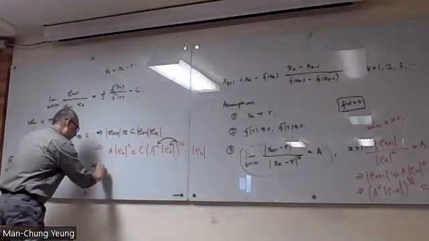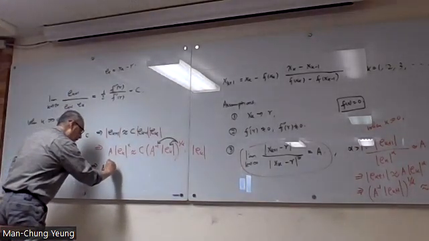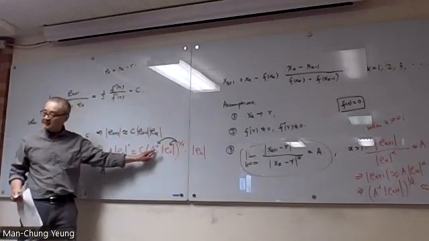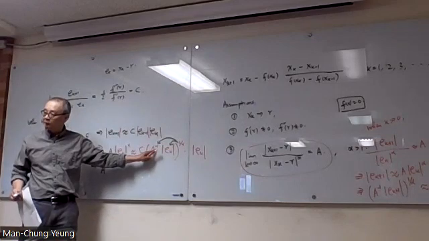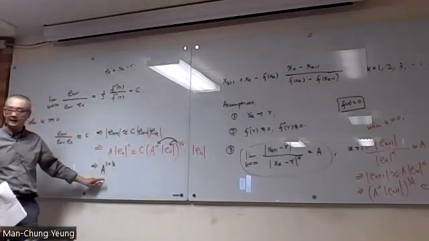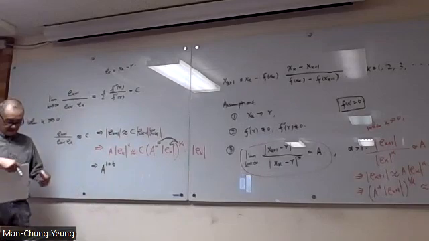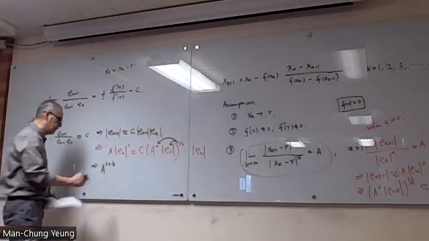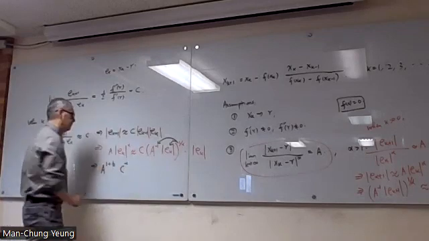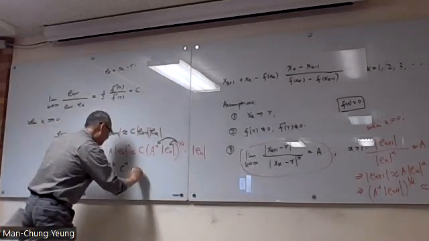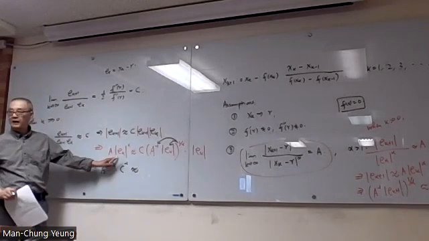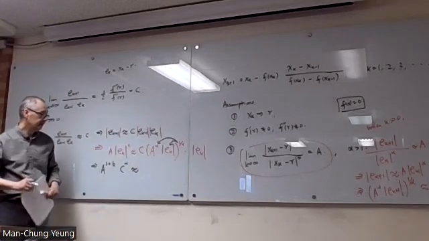Then I get A to the power 1 plus 1 over alpha, right? Move it to the left side. How about C? Move C to the left side, so C inverse, roughly equal to Ek to the right side.